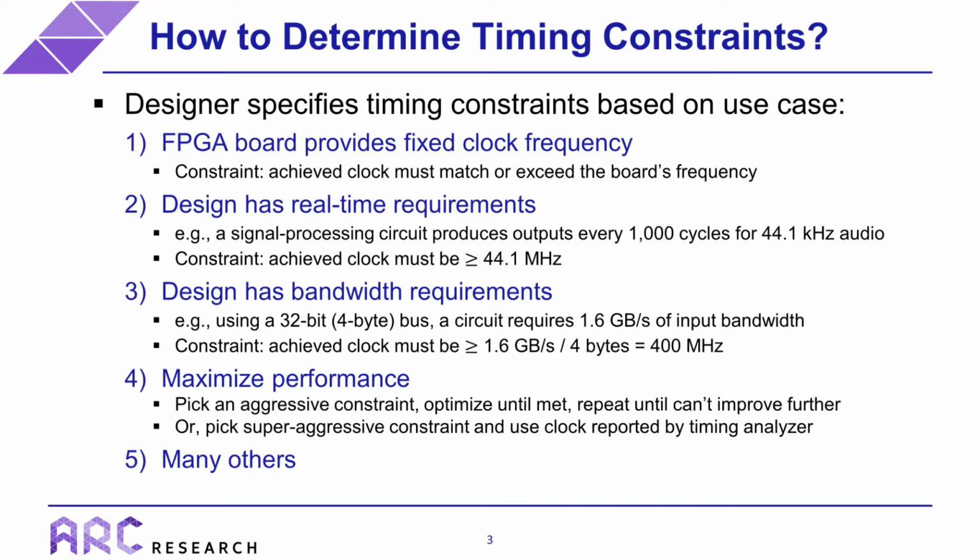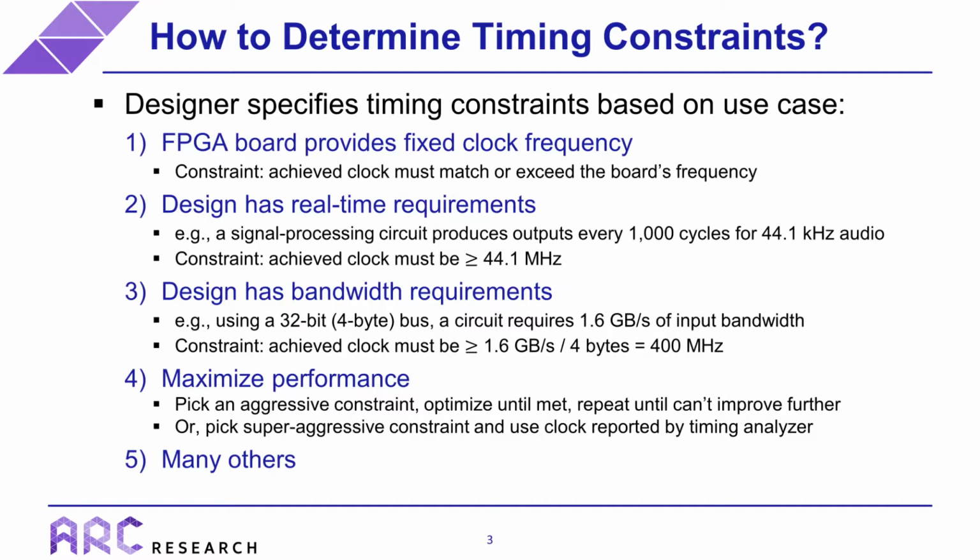Now, before we get into the background material, I want to give you some examples of how you would come up with timing constraints in the first place. Now, the list on the slide certainly isn't exhaustive, but it illustrates the most common situations that I have run into with FPGAs. The first example shown on this slide corresponds to the situation where you are working with an FPGA that has a fixed clock frequency that you can't change.